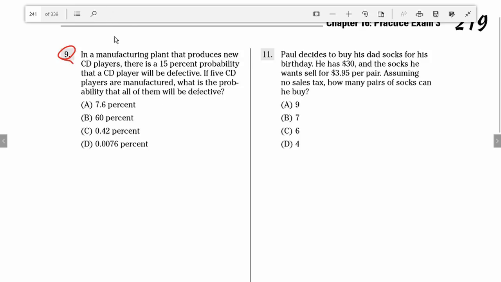The way I like to think about this problem is the way I think about all statistics problems, that is in terms of dice. So we all know dice have 6 faces. There's a 1, a 2, a 3, a 4, a 5, and a 6 face.